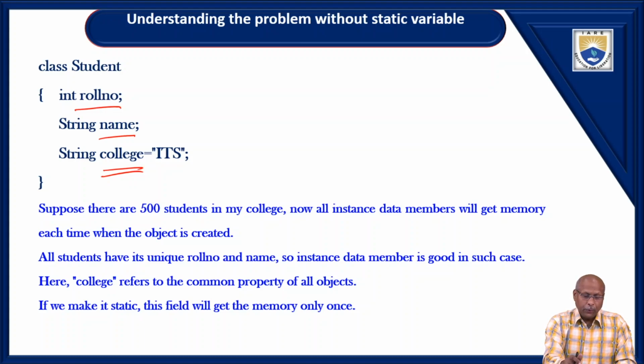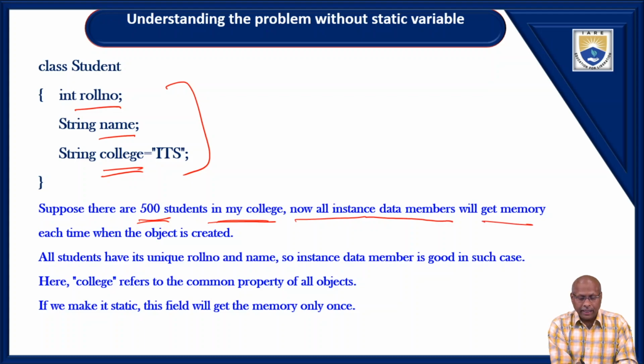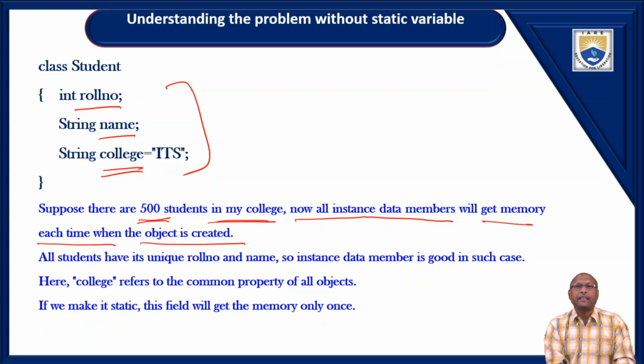So if you declare it in this way, it is non-static. Suppose there are 500 students in my college. Now, all instance data members get memory each time an object is created.